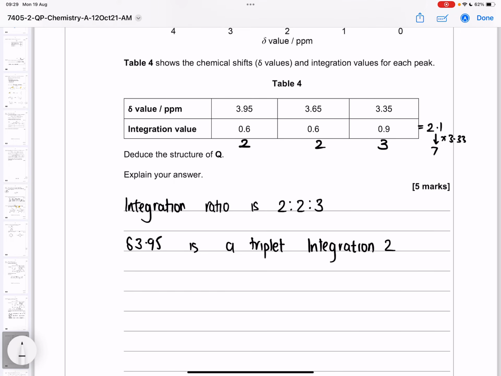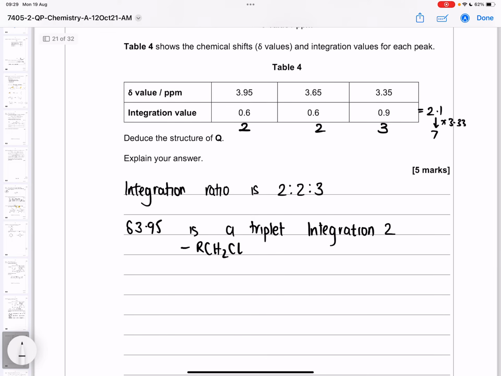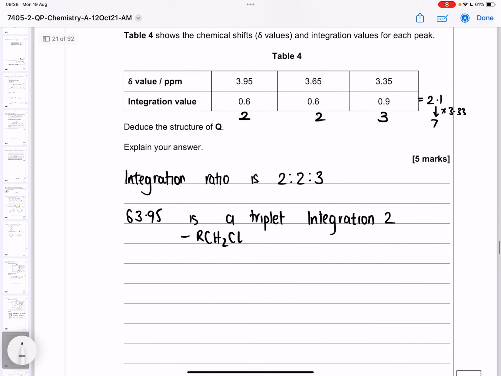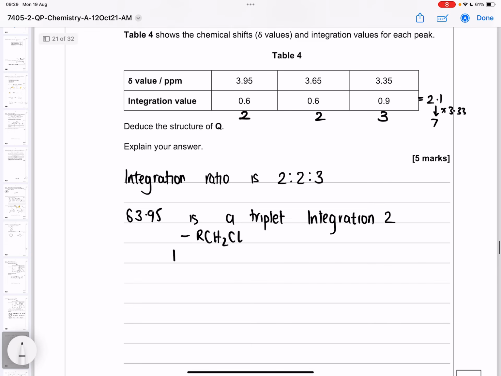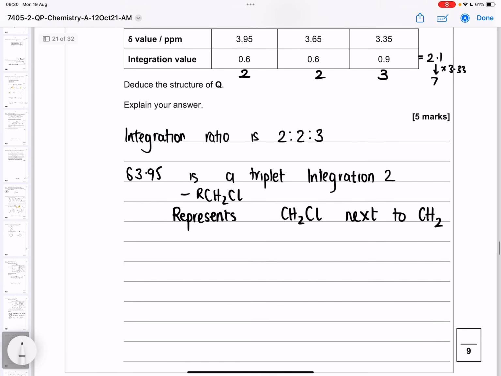So I'm going to say it's a type RCH2Cl, and integration is a 2. So this represents CH2Cl, and it's a triplet, so it's next to CH2, because to be a triplet you need to be next to 2 due to the n+1 rule.